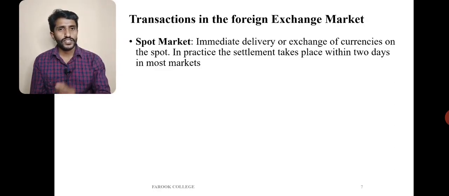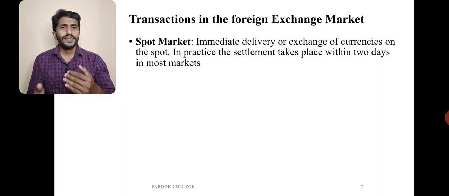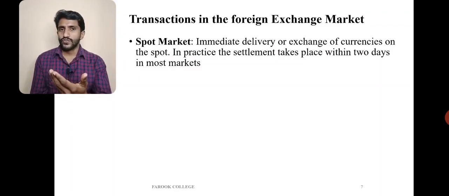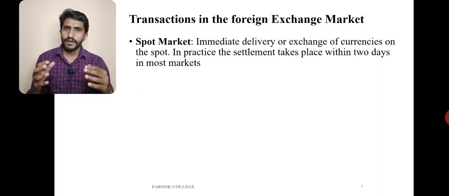The first important transaction occurring in the foreign exchange market is the spot market, or spot exchange rate transactions. It is the immediate delivery or exchange of currencies on the spot. I want to exchange some Indian rupees to dollars, so I am doing it currently, on the spot.